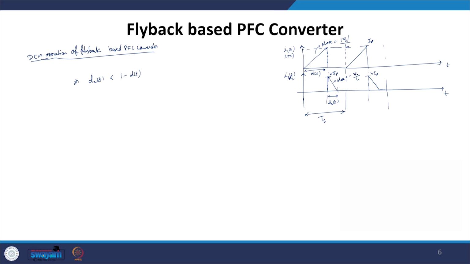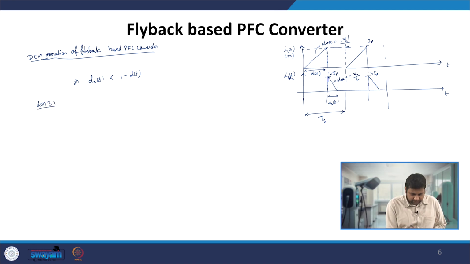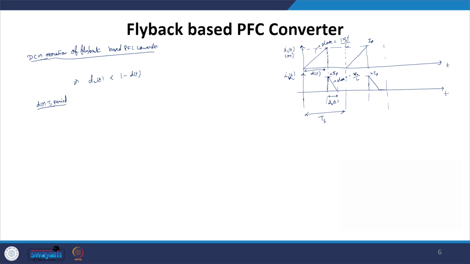Now if we look very carefully, we can try to derive. So we can write during dt TS period, the slope is modulus Vs by L. So we can write modulus Vs of t is nothing but L times IP, which is this value, IP divided by d of t Ts period.